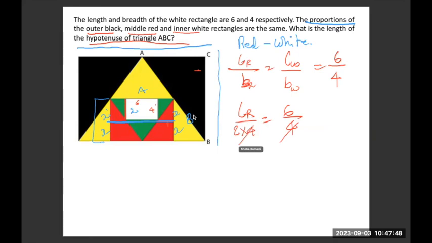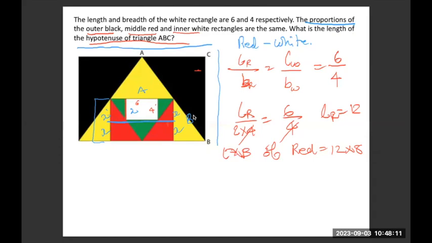So 4 I'll cut, and the length of R is 12. So the red rectangle is 12 by 8 in proportion. So L by B of red is 12 by 8.